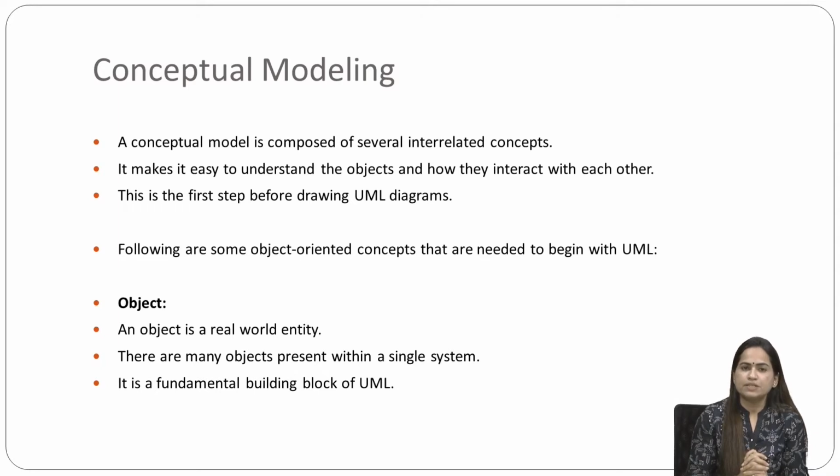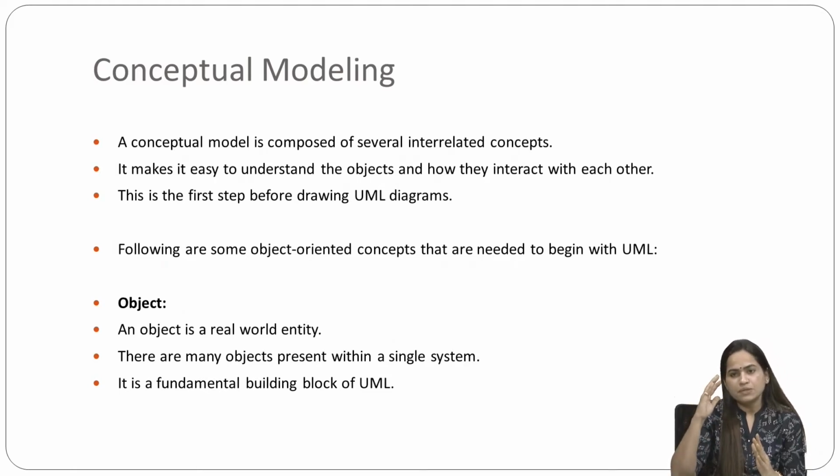It makes it easy to understand the objects and how they interact with each other. This is the first step before drawing UML diagrams. Before starting to draw UML diagrams, we must have a clear idea about the conceptual model of our system.